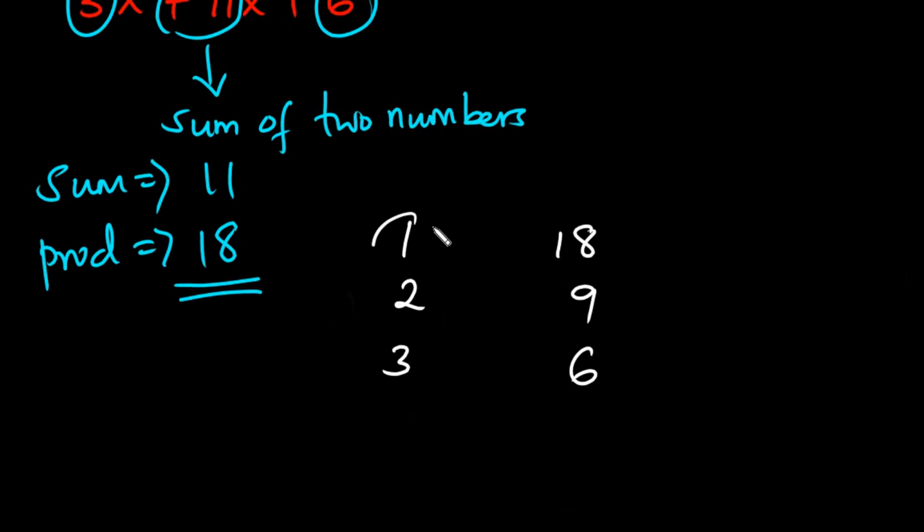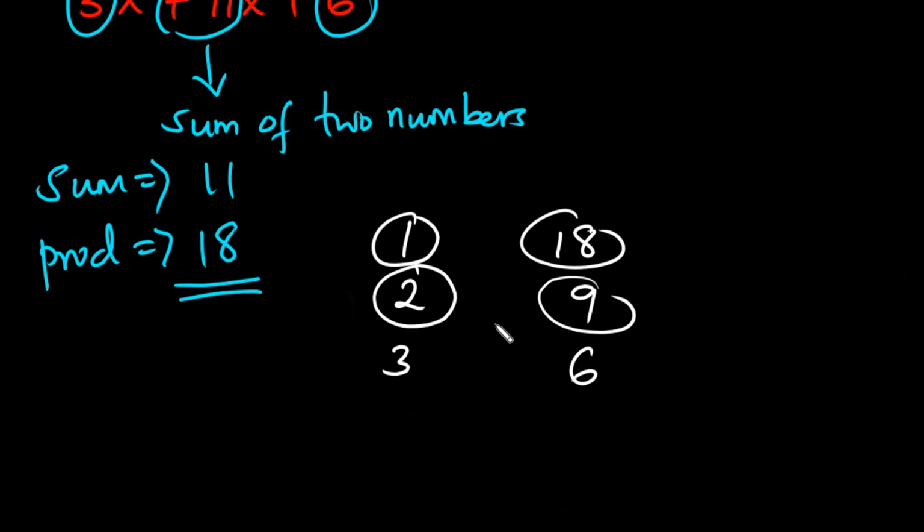Let's start with 1 and 18. When you add 1 and 18, do you get 11? You don't. What about 2 and 9? Yes, you get 11. 2 plus 9 is 11, and 2 times 9 is 18. So these are the two numbers that we are interested in: 2 and 9.